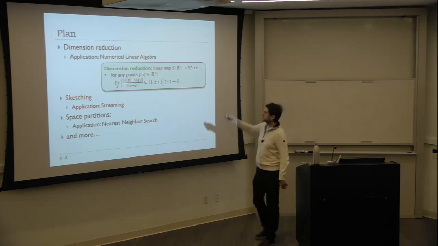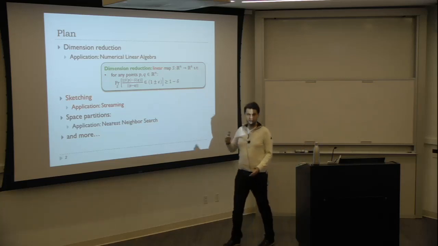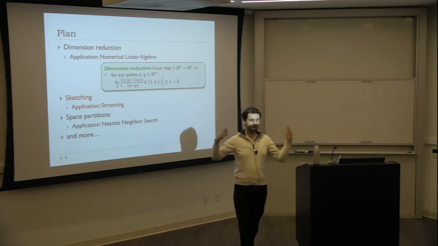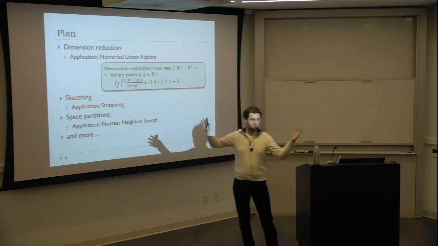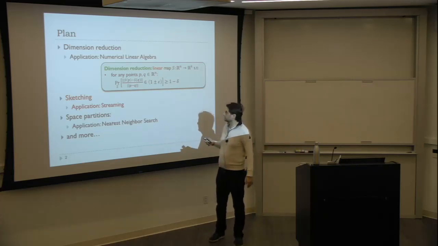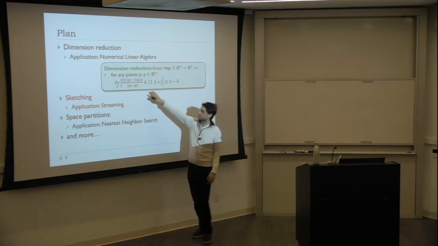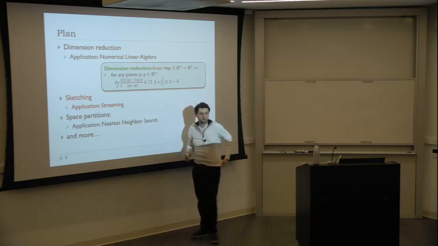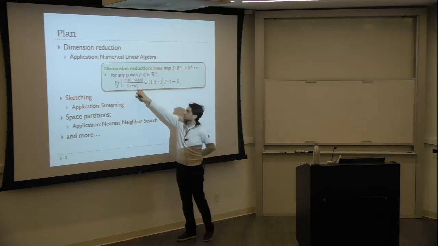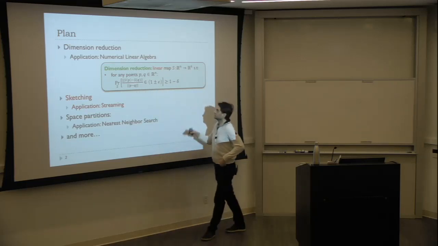So yesterday we were talking about dimension reduction in Euclidean space, which says that there is a map that maps any high-dimensional space, think about this infinite-dimensional L2, into something much smaller, some k-dimensional space, such that the distance in this smaller space well approximates the original distance up to a 1 plus epsilon approximation with some probability.